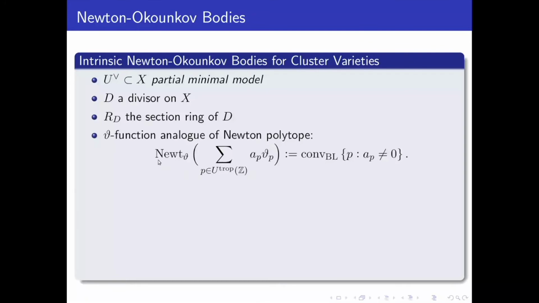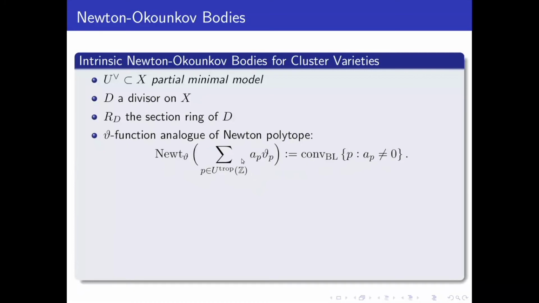And we'll define the theta function analog of the Newton polytope of this regular function to be the broken line convex hull of all those tropical points P such that A sub P is non-zero.